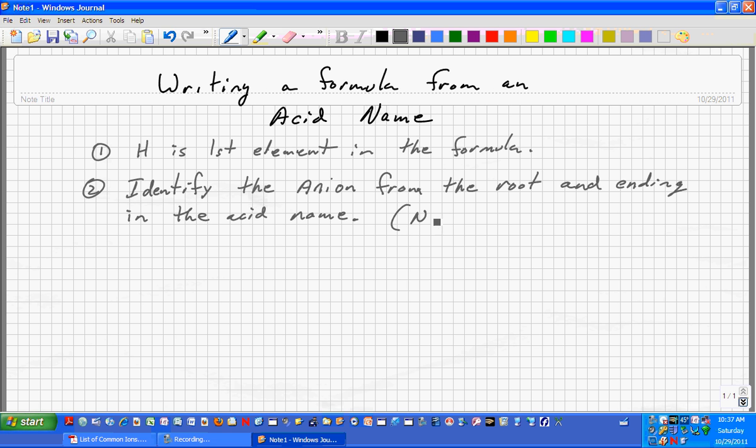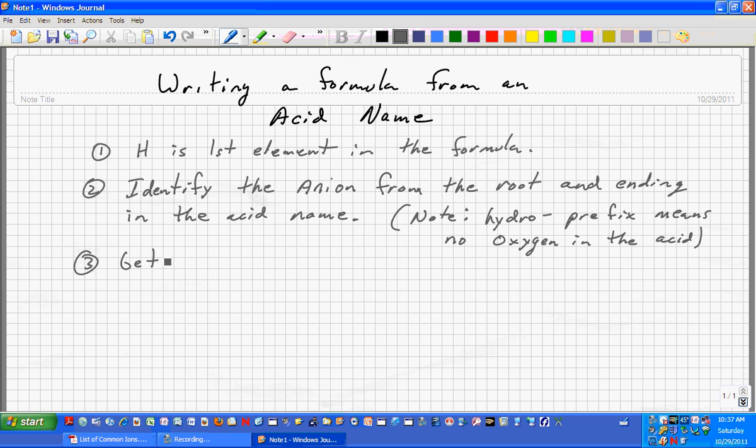You want to keep in mind, we'll note here, the prefix hydro means no oxygen in the acid. It's just something to look for. If you're writing oxygen and you've got an acid name with hydro in it, you know that you've done something wrong.